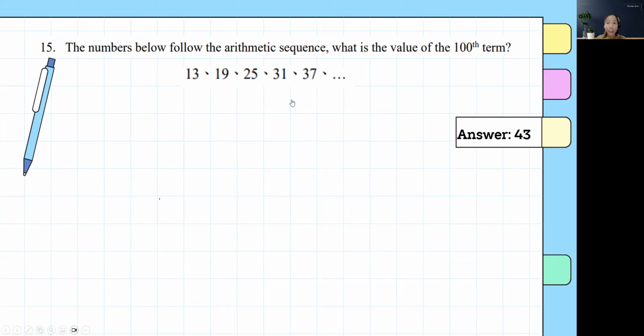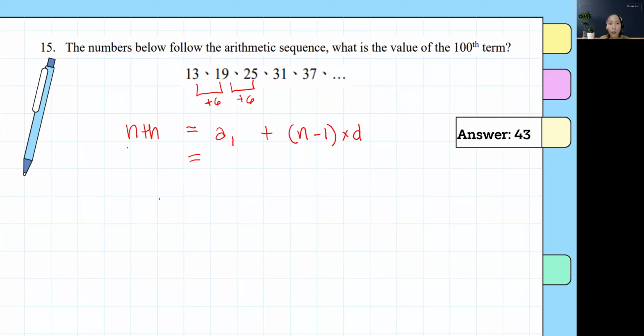All right, let's check this one. So we have here the 100th term. Let's check the solution. So the difference is 6, by adding 6 also. So the 100th term, remember the formula for the nth term. We're looking for the nth term. The nth term is equal to the first term, a sub 1, plus n, the term we're looking for, minus 1, times our difference, right?